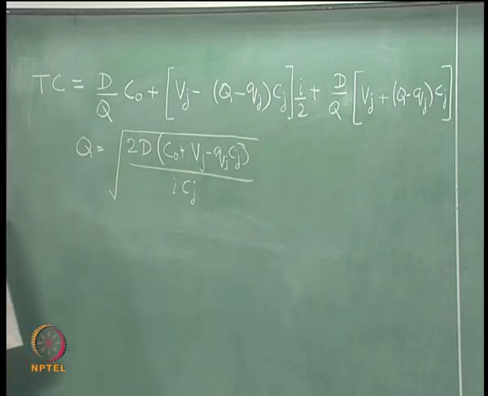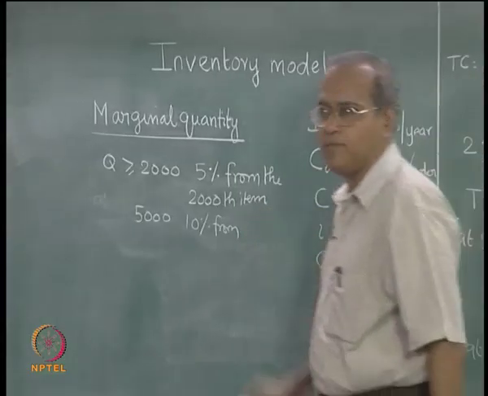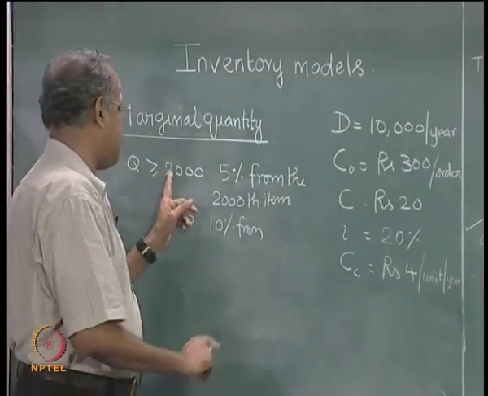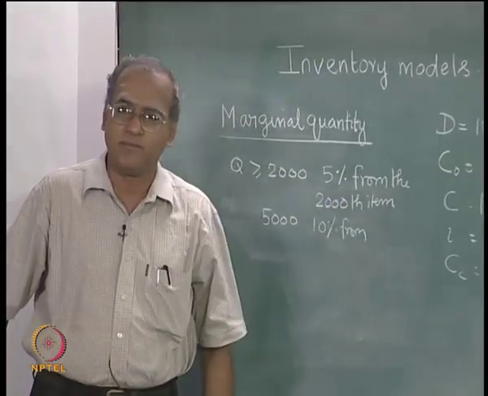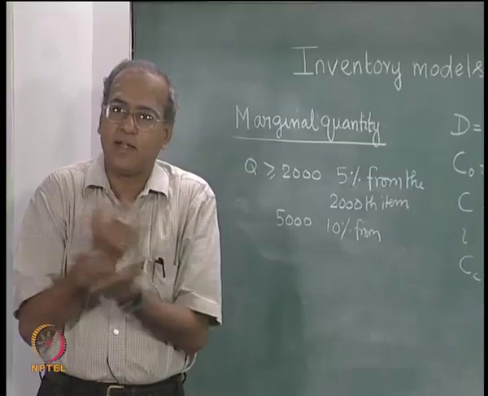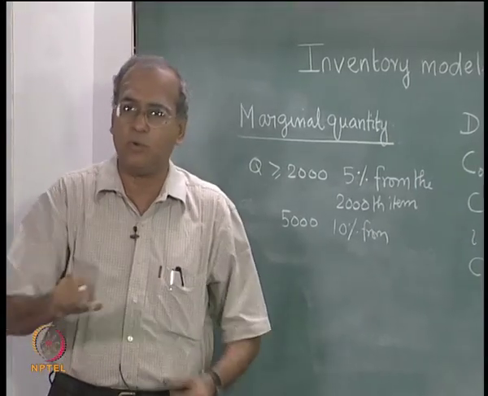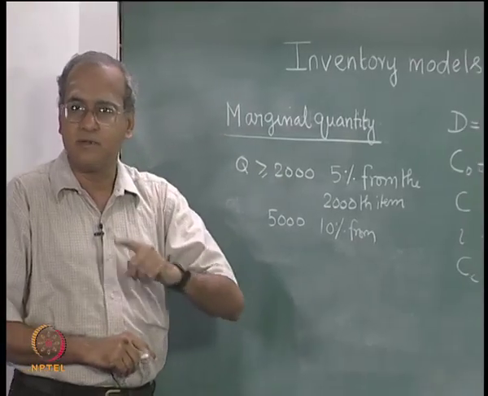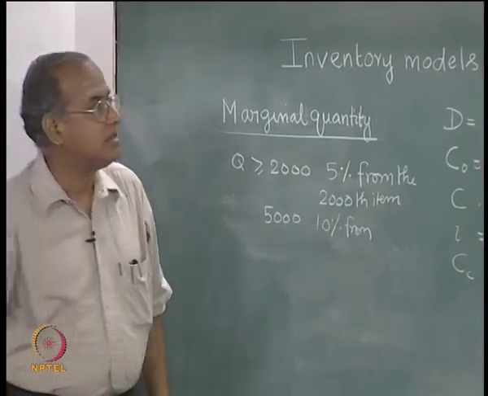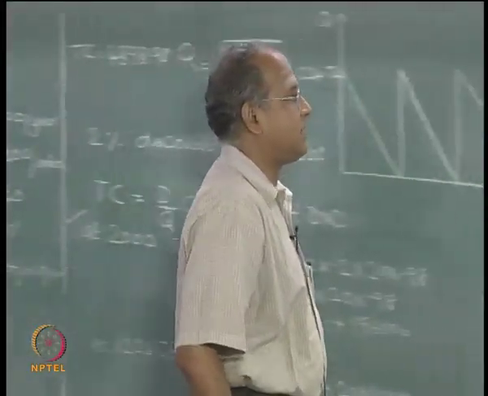By the very definition of a marginal quantity, if we are looking at this case, 2000 and 5% for a quantity above 2000, for example, if we are calculating for 3000, we would do 2000 into 20 plus 1000 into 19. So, it is given by this kind of expression.